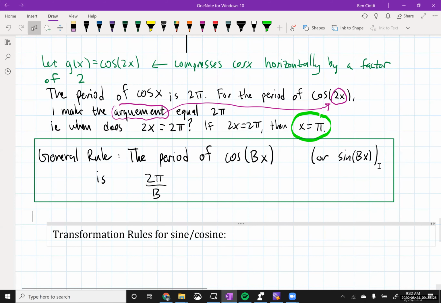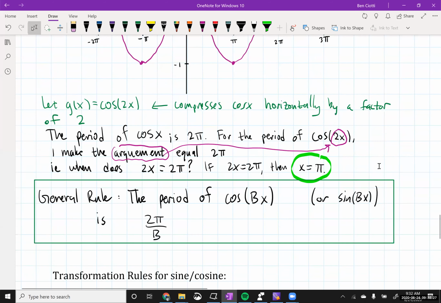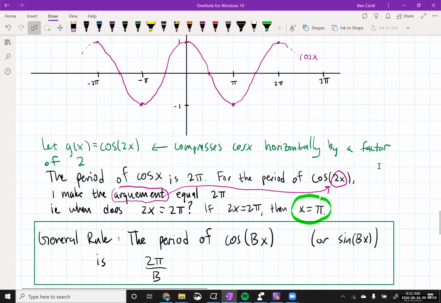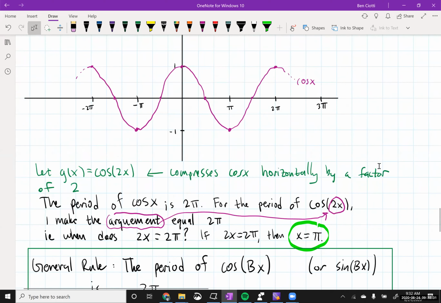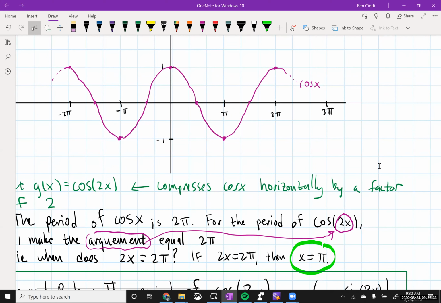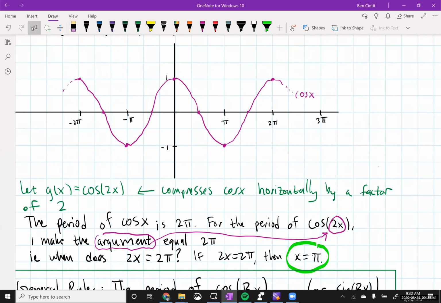Okay, so now back to drawing the graph. So I need to draw something that repeats every pi now. Okay, so it does a full revolution in a span of pi.